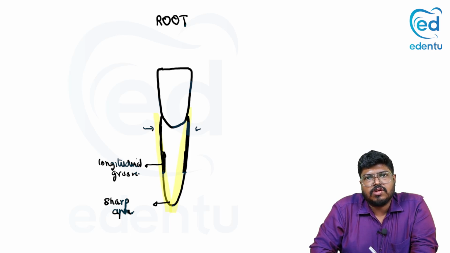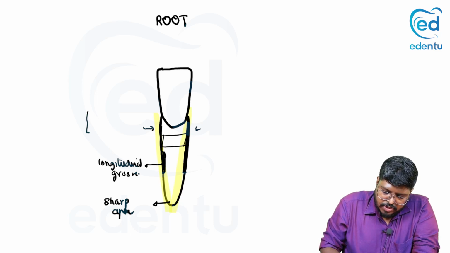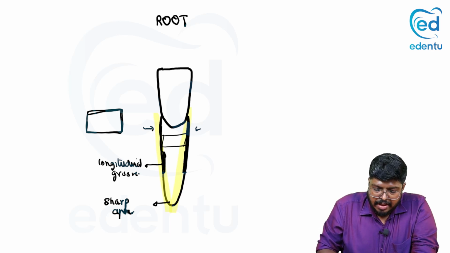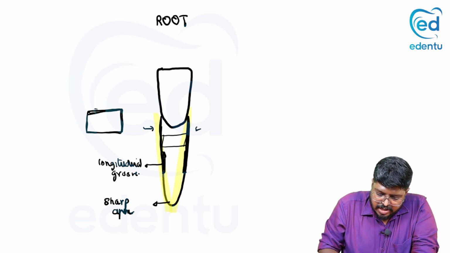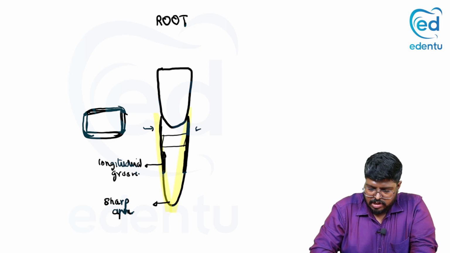When you take a cross section of this tooth, you will appreciate that the cross section is roughly rectangular. It is not just rectangular, it is rectangular with rounded corners, so the appearance is going to be like an oval.